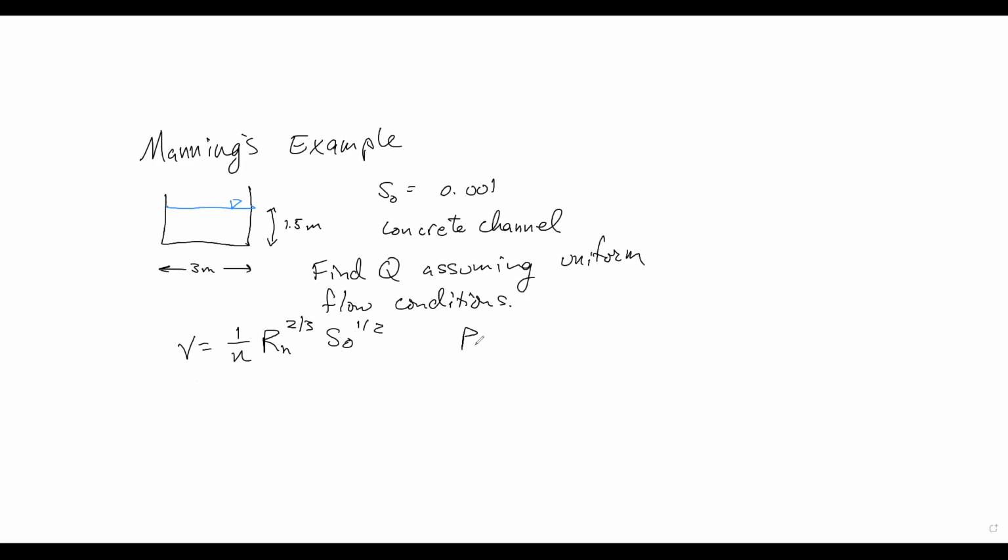We can calculate our hydraulic radius, and what is that equal to? Area over P. So let's throw that in there: 1.5 times 3, divided by, what's our wetted perimeter here?